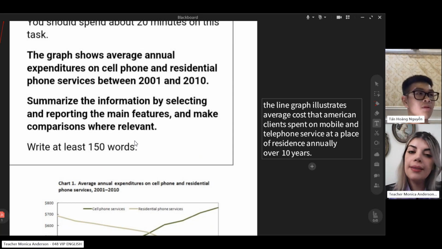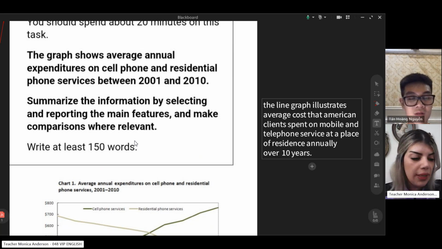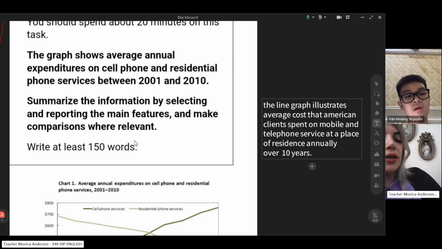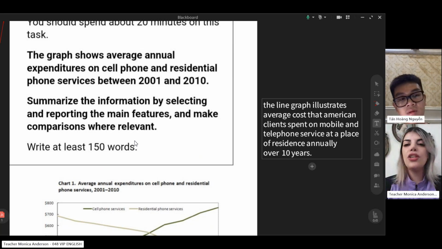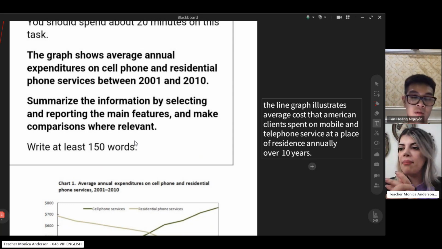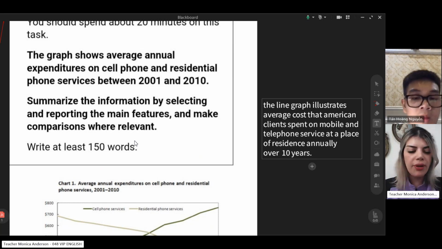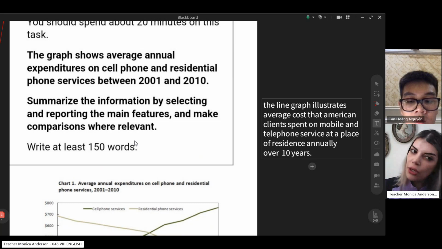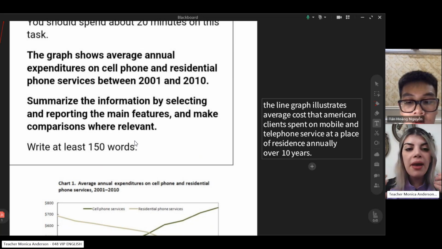Okay, so let me say something about introductions. As I told you, there are different ways, maybe a lot of vocabulary words and different methods of writing. But you need to choose the best one.